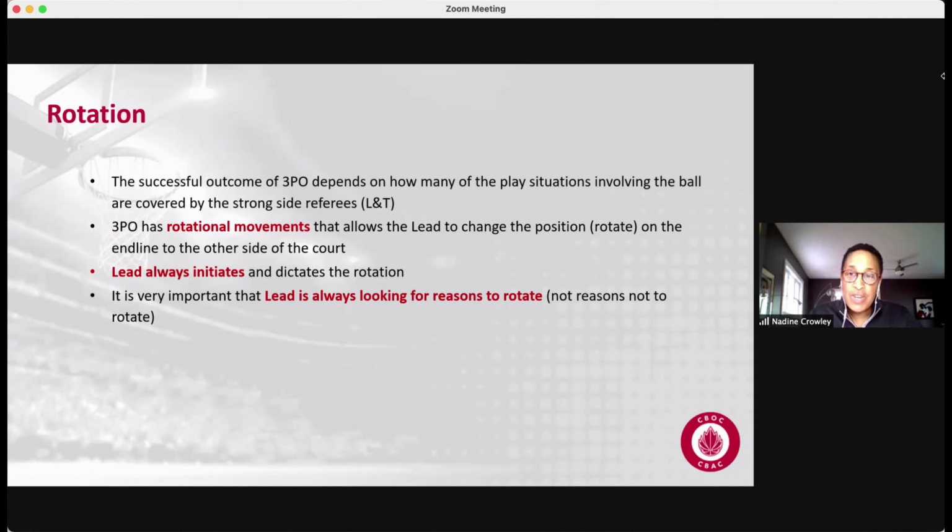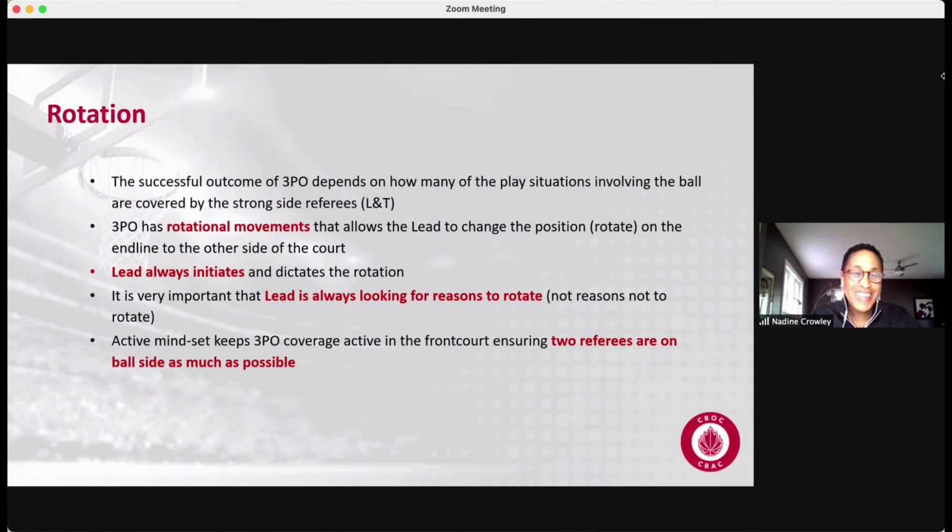It's very crucial that the lead is always looking for reasons to rotate, not looking for reasons not to rotate. Having an active mindset, remember, keeps the 3PO coverage active in the front court and ensures that we have 2 referees on the ball side as much as possible.